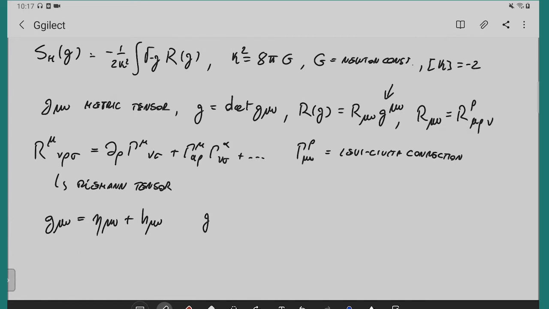The component of the inverse of G can be written like this, which means that when you expand around flat spacetime, this is the inverse. But then you have something like a geometric series, so you have other terms, infinitely many.